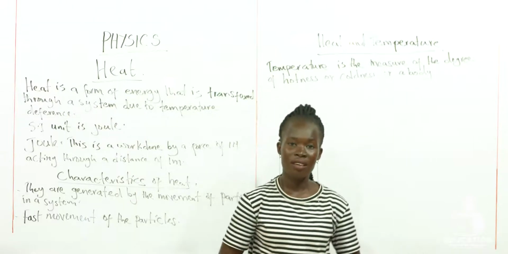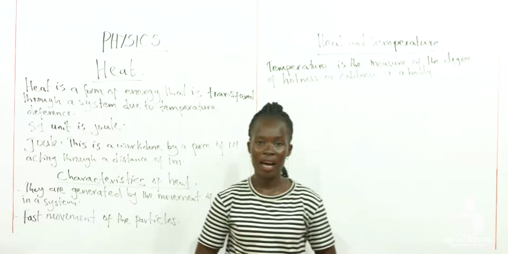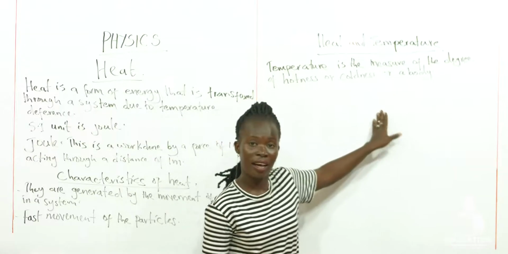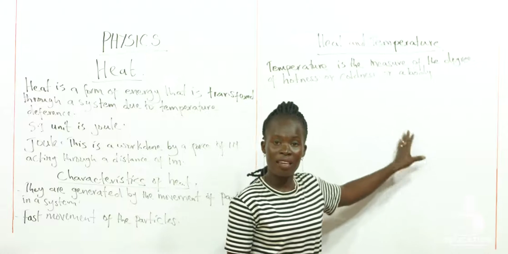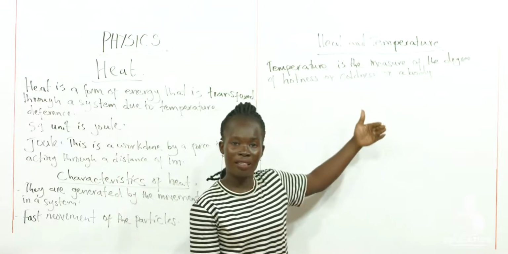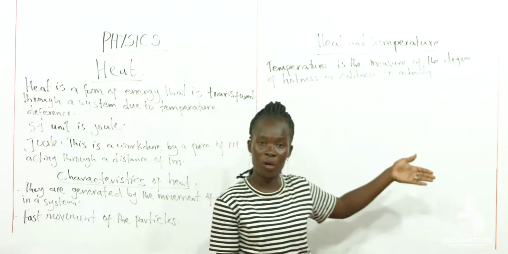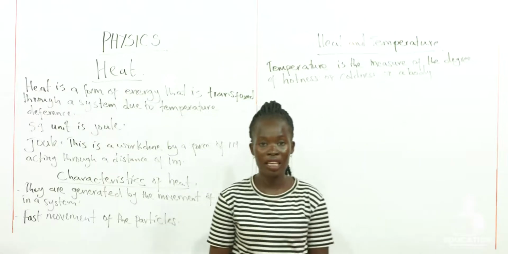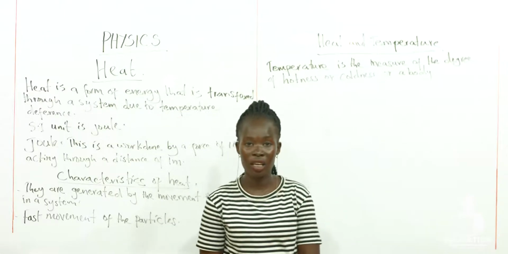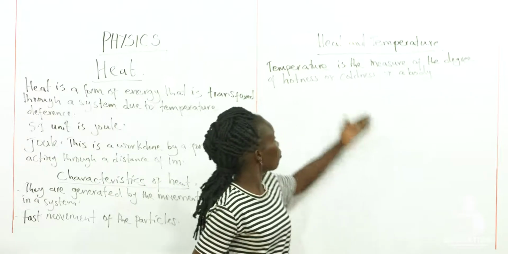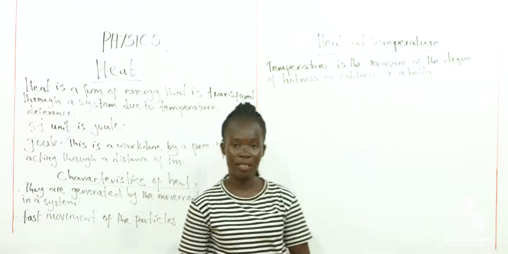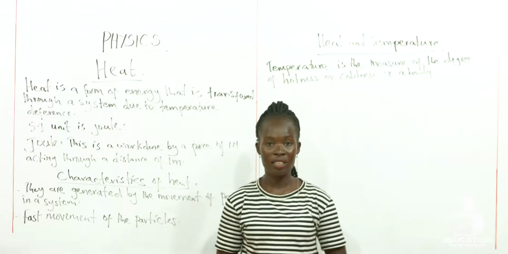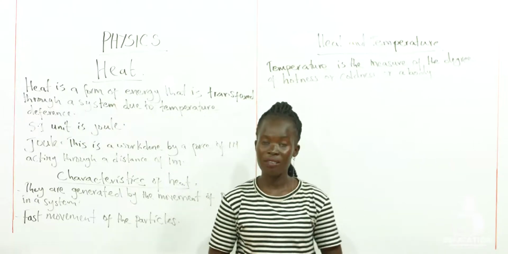They are closely related in such a way that they have kinetic energy. But then which one is carrying it more? If you look at temperature, it is the average kinetic energy a body contains. But if you're looking at heat, it is the total kinetic energy a body is having.